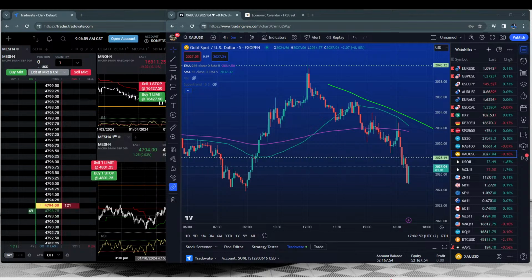Yes, at 37 it was, okay. Currently gold is pushing higher. Let's see. Also dollar reversed.